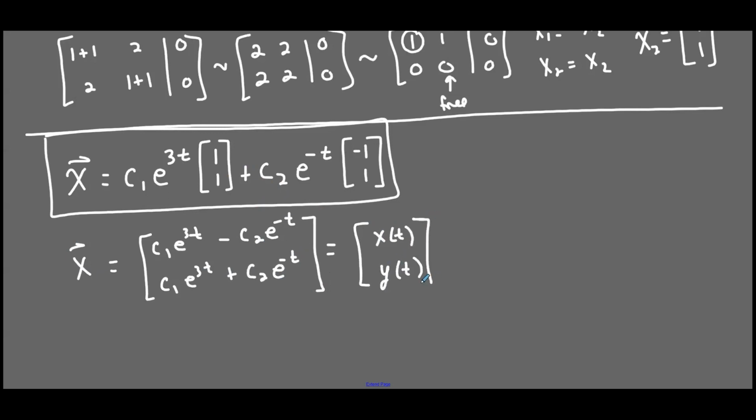So that tells you what each function is, right? So x of t is c1 e to the 3t minus c2 e to the negative t. And y is c1 e to the 3t plus c2 e to the negative t. And if we had an initial value, an initial vector, you could solve for those c's pretty easily as well.